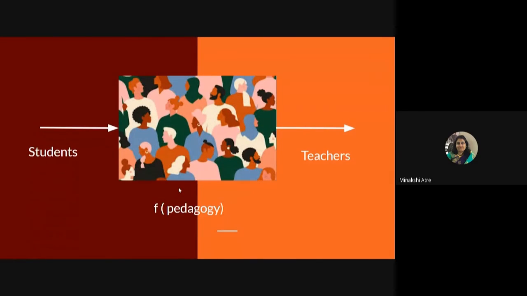We will be transformed into better teachers with the function of the pedagogical aspects that will be given through the workshop, or through Dr. Gadre sir. You can see this picture has a different orientation of the faces. After this workshop, we all will be aligned, we all will be polarized, and that's nothing but the output of this workshop. So that's about the system description.